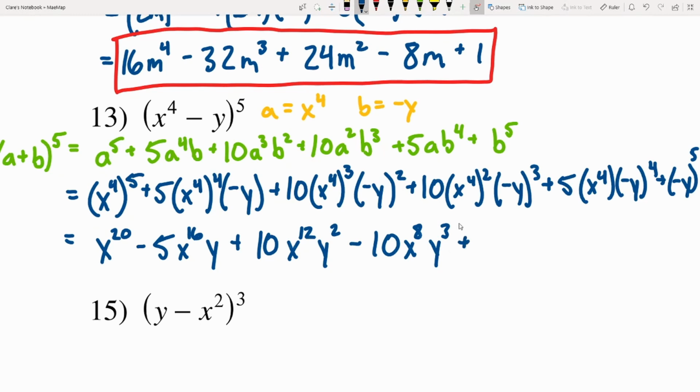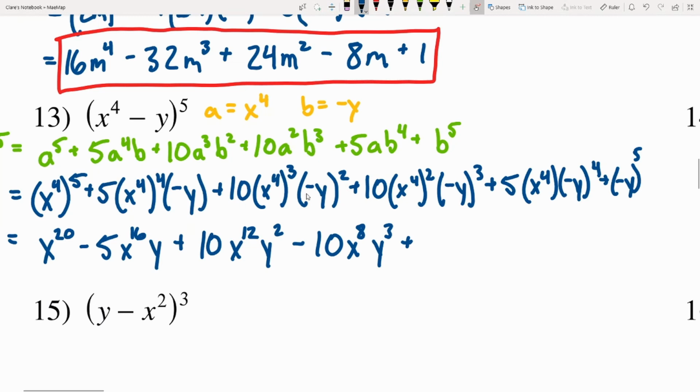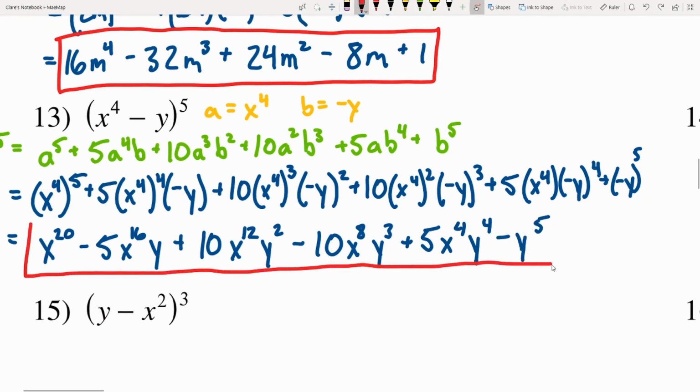Then I'll be adding again because that negative y is to an even power, so it'll become a positive y to the 4th. So it'll be 5x to the 4th y to the 4th. And then lastly, I'm going to be subtracting y to the 5th. That's my solution in number 13.